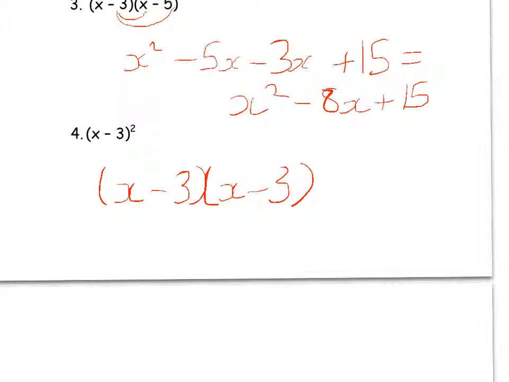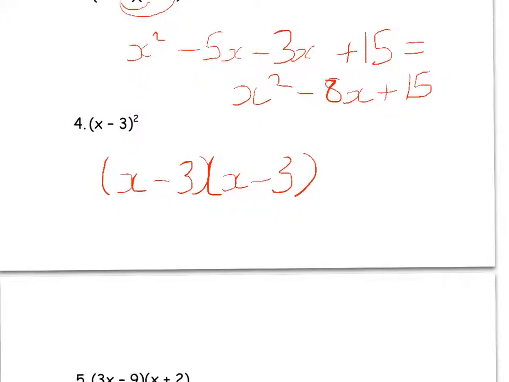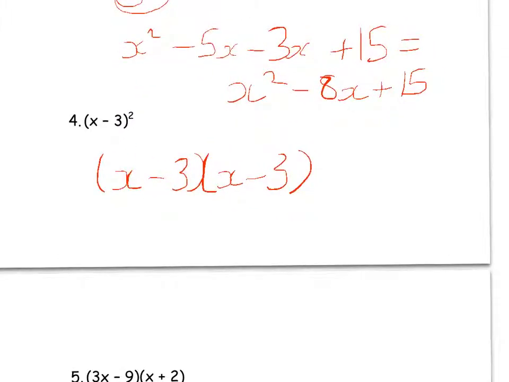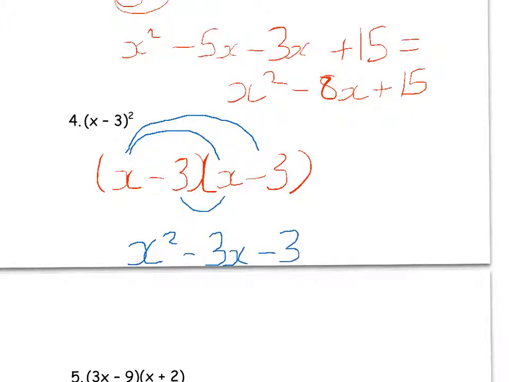So, here we go. x times x is x squared. x times minus 3 is minus 3x. Minus 3 times x is minus 3x. And minus 3 times minus 3 is plus 9.